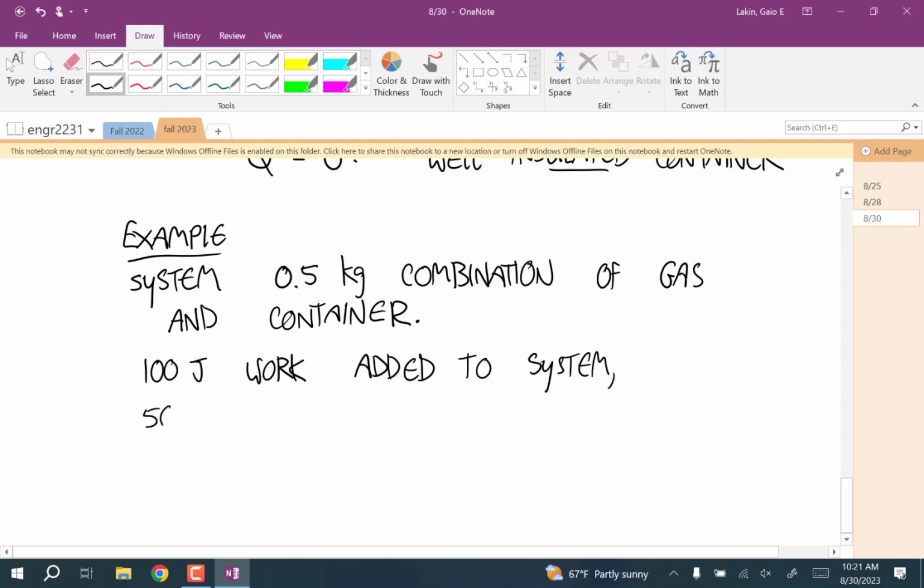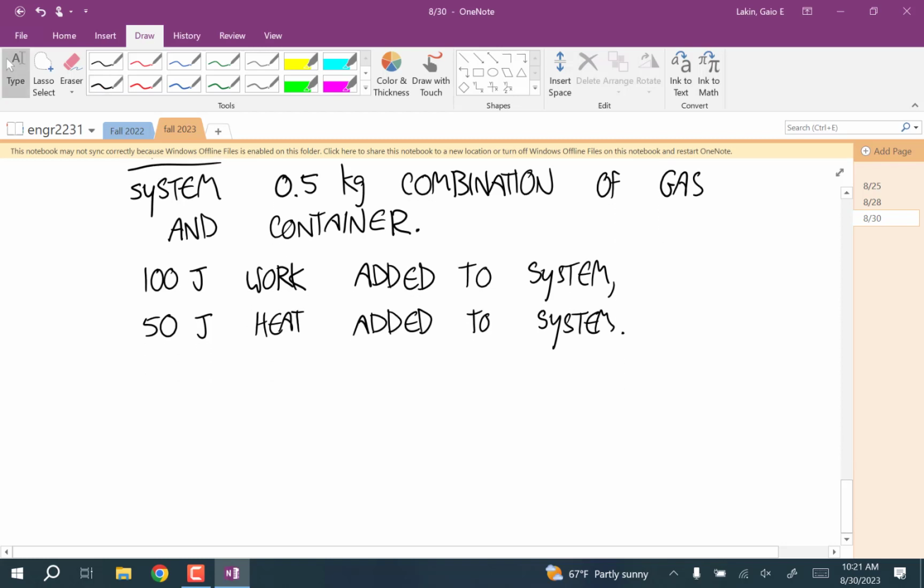And 50 joules of heat is added to the system. And the system goes from a speed of 3 meters per second.